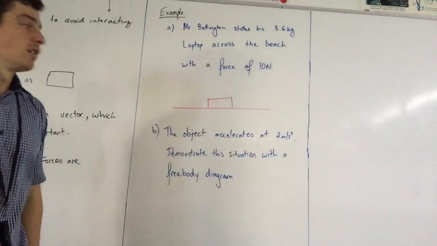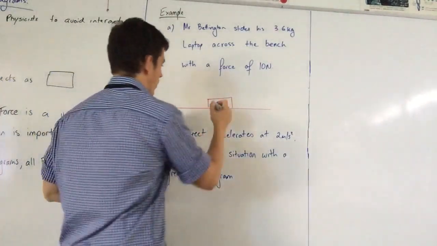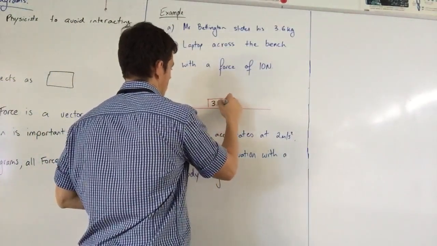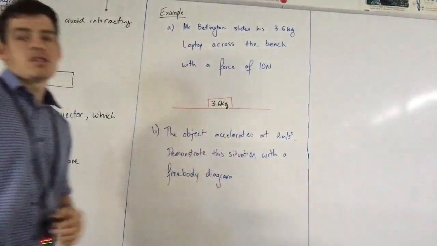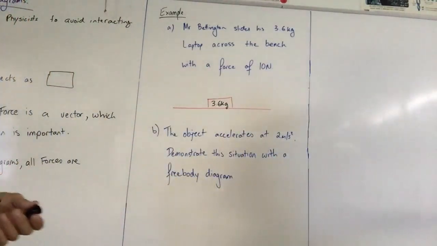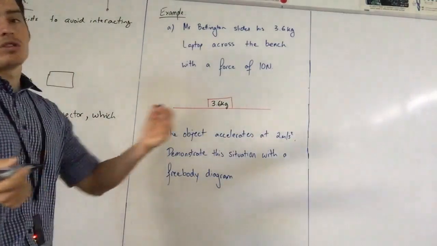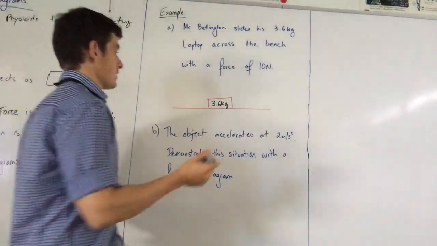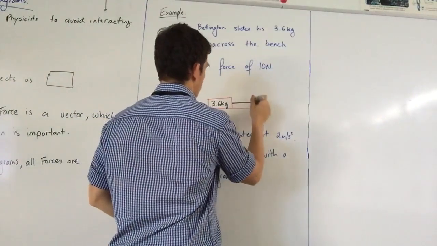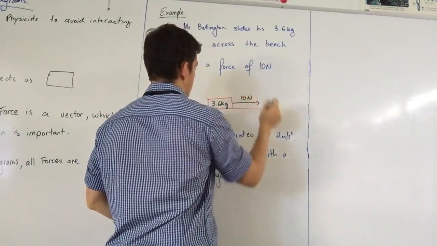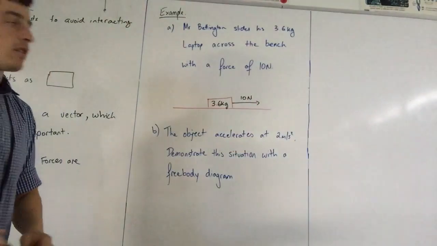Now, I'm going to write in my mass, 3.6 kilograms, and I'm going to represent all forces present with an arrow. I haven't been told which direction my laptop is being slid, so I'm just going to assume that is my direction.